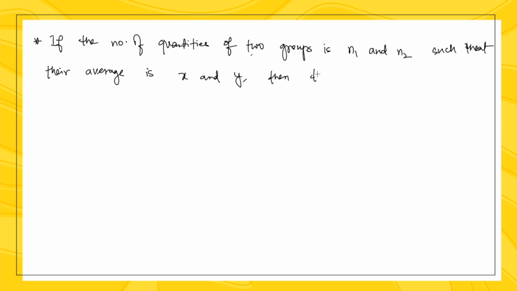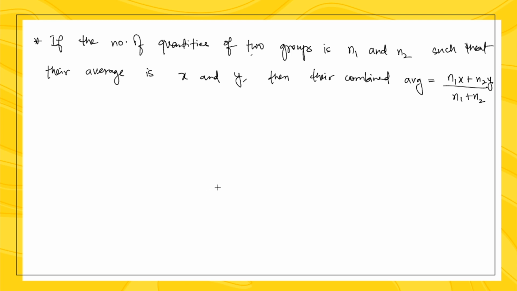Then their combined average will be given as (n1x plus n2y) divided by (n1 plus n2). So if there are 5 people whose average is, let's say, x, and there are 10 people whose average is y, it will be (5 into x plus 10 into y) divided by (5 plus 10). Okay, so in that way you have to do.